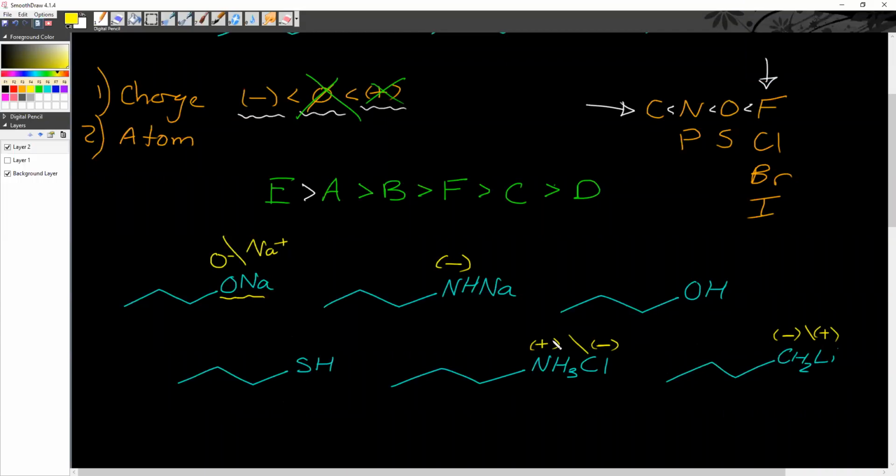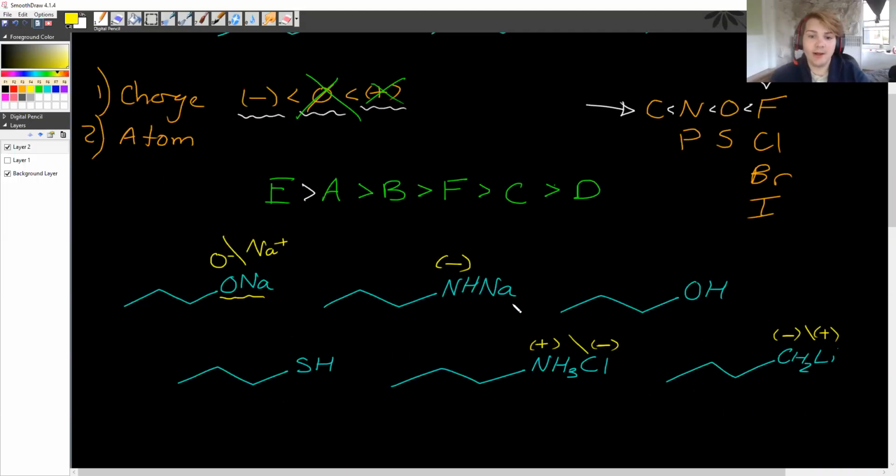Okay. Why is the SH and the OH neutral? Because isn't H 1 plus? It's a good question. The reason is that what the OH and the SH are doing is a covalent bond versus this being an ionic bond.